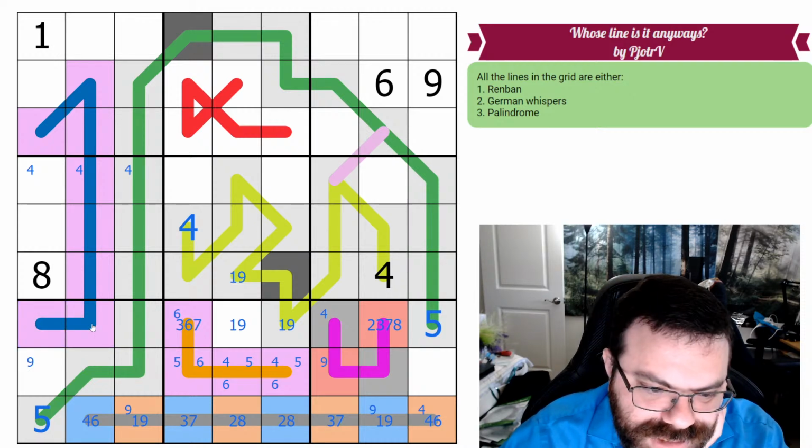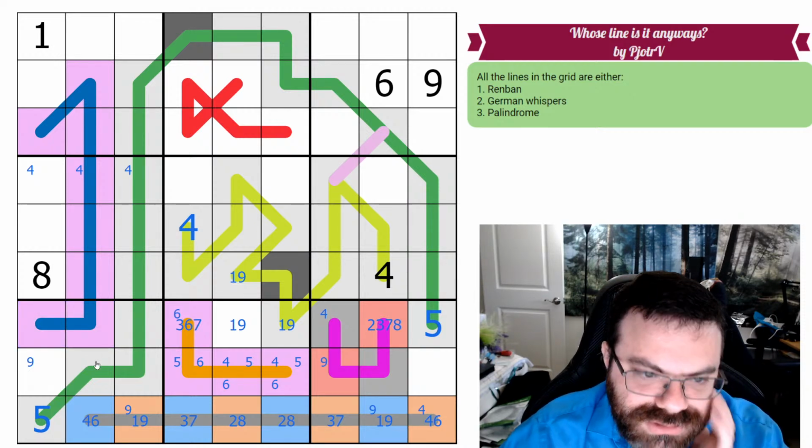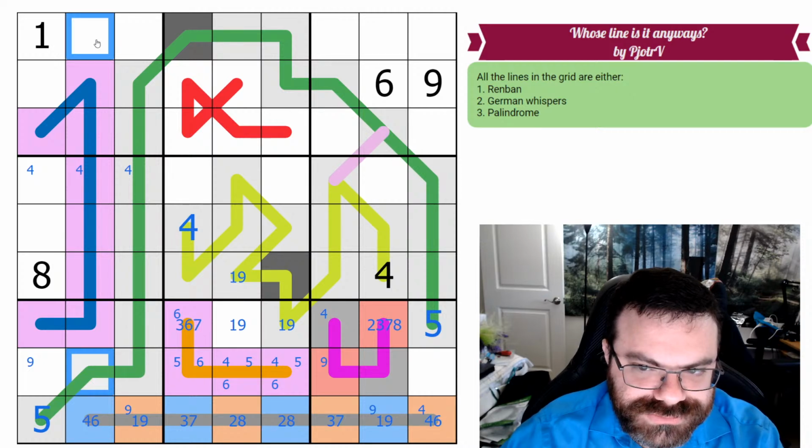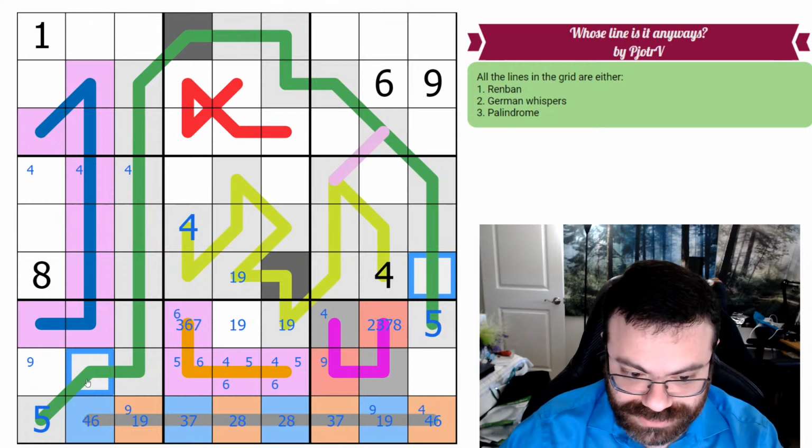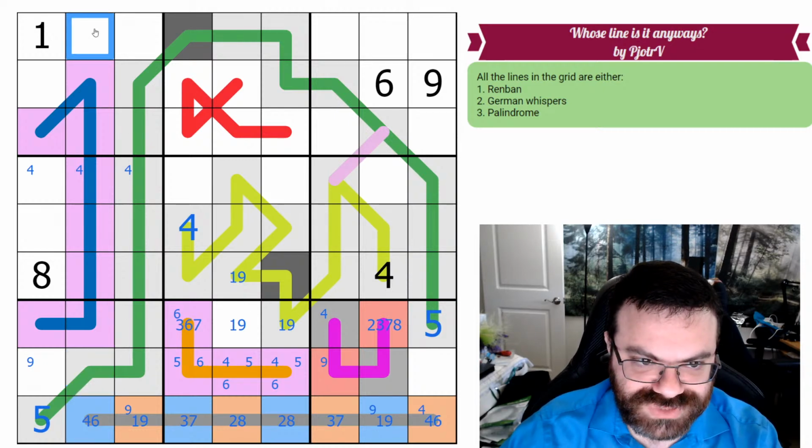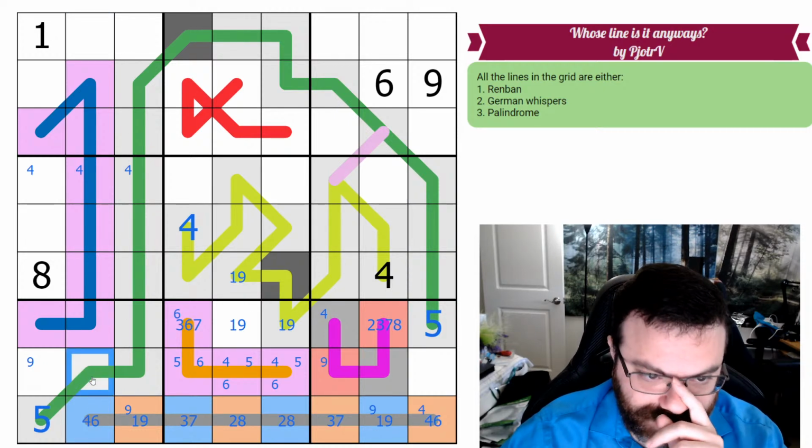Missing a 1 or a 9. So either this is a 9 or this is a 1 or a 9. This can't be 9, so either this is a 9 or this is a 1, or both.